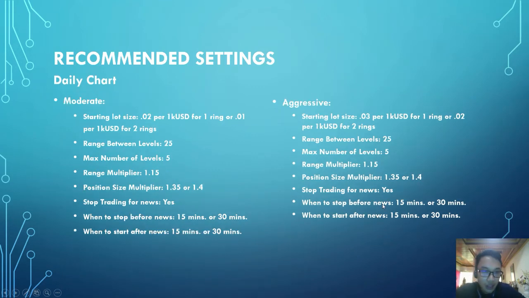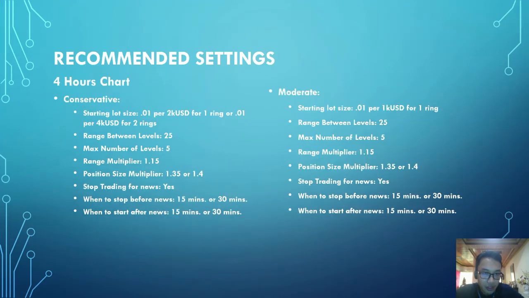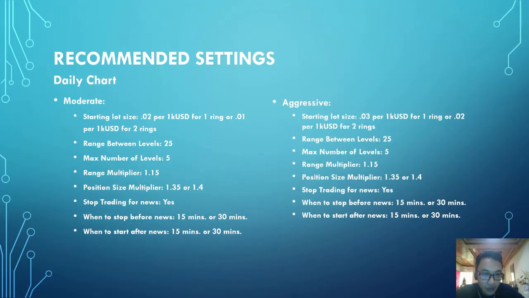Then for moderate, starting lot size is 0.02 per 1k USD for 1 ring, or 0.01 per 1k USD for 2 rings. And the settings below would still be the same. For aggressive settings, the starting lot size is 0.03 per 1k USD for 1 ring, or 0.02 per 1k USD for 2 rings.